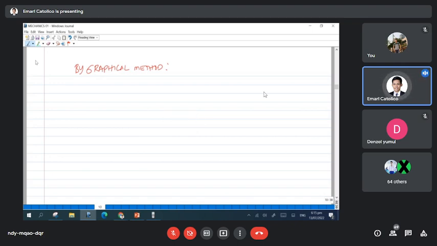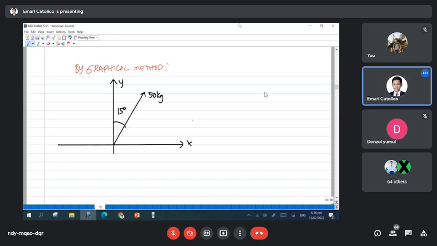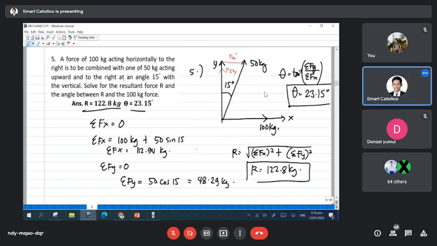So, drawing lang natin yung ating forces. So, meron kang 50 kilogram acting vertical at 15 degrees. Meron kang Y, meron kang X, meron kang theta of 15. Then, meron kang force of 100 kilogram.